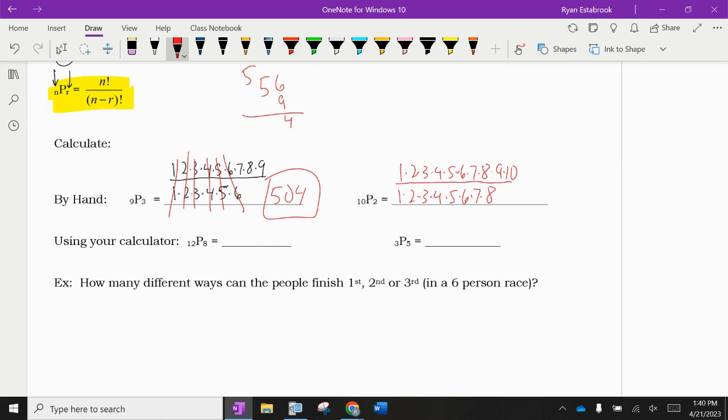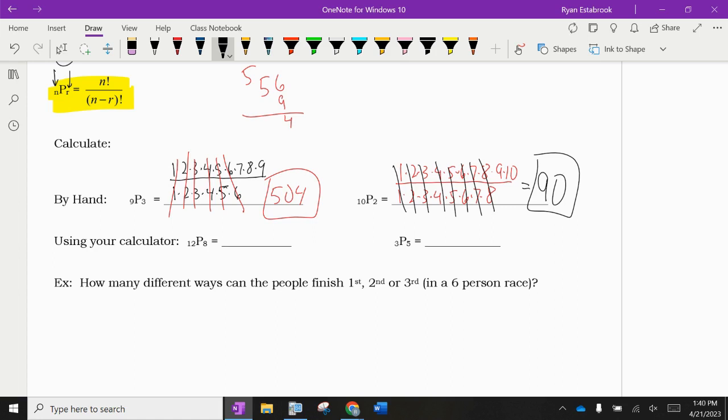We're going 1 to 8. And that's the saving part of this one, because as I'm looking to simplify, gone, gone, gone, gone, gone, gone, canceled, simplified. Almost everything is gone. My entire denominator is gone. All that's left in the numerator is 9 times 10, and I know that's 90. So by hand, sometimes just isn't that bad.